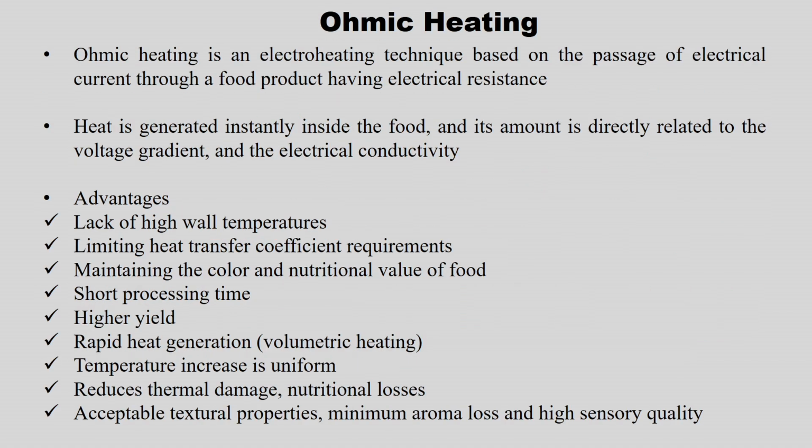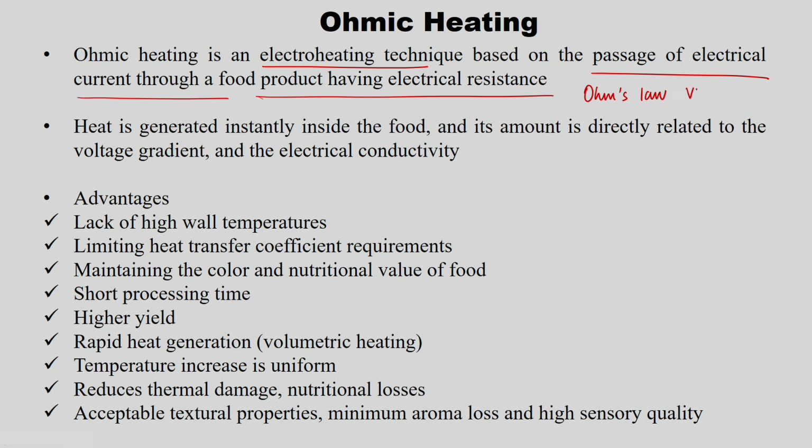Ohmic heating is an electroheating technique based on the passage of electrical current through a food product having electrical resistance. It works under the principle of Ohm's law, which you might have studied in school science.